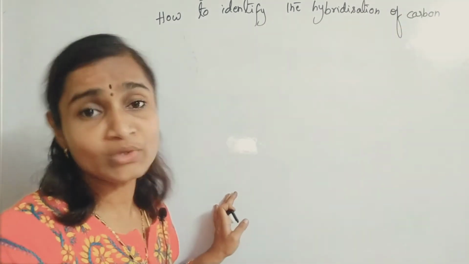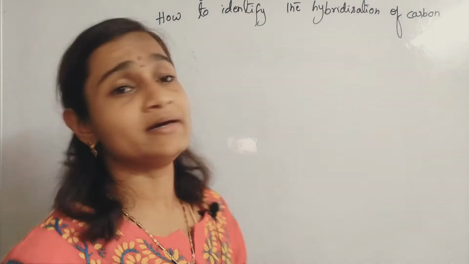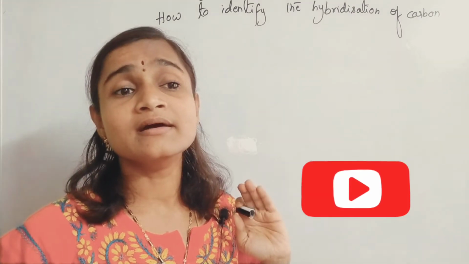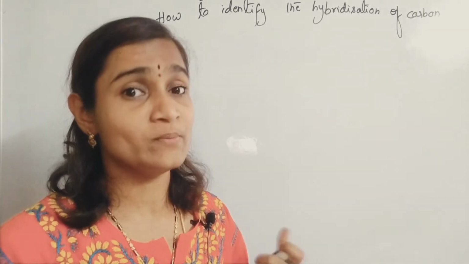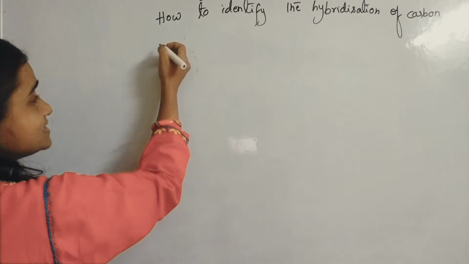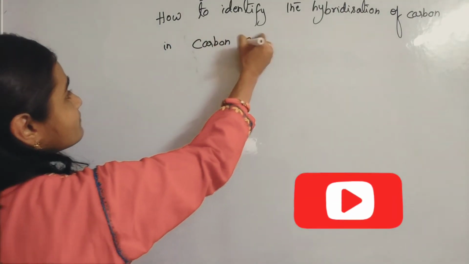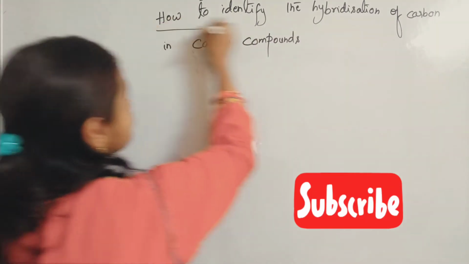Not only a carbon atom, you can also identify the hybridization of a central atom in an inorganic compound; the same formula can be applied. First we will learn about this and then we will see some examples.